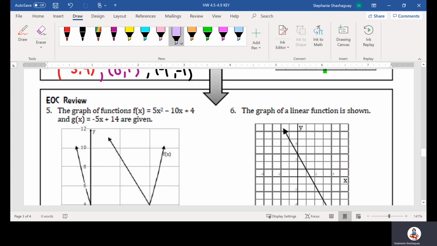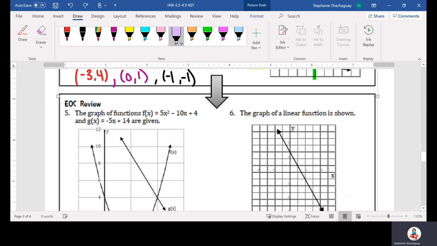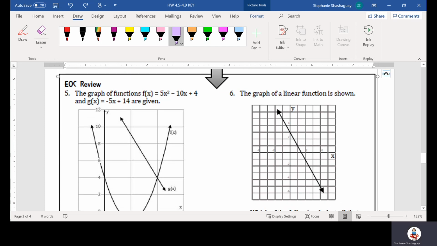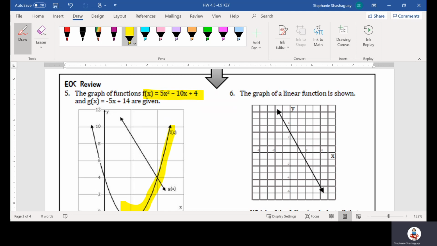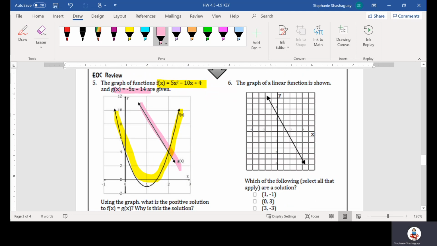All right, moving on to number 5. The graph of the functions f of x equals 5x squared minus 10x plus 4. So here we have a function, and this is that function. And we have the function g of x is equal to -5x plus 14. Okay, so those are my 2 functions.